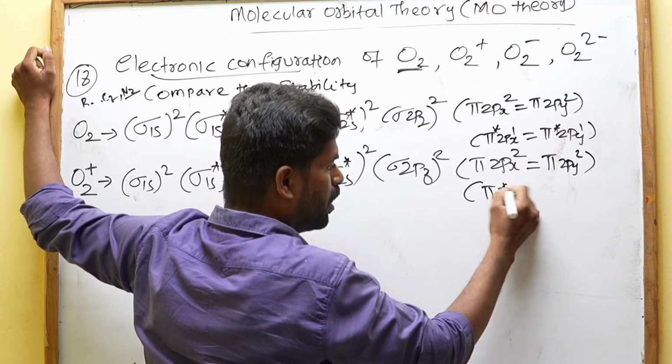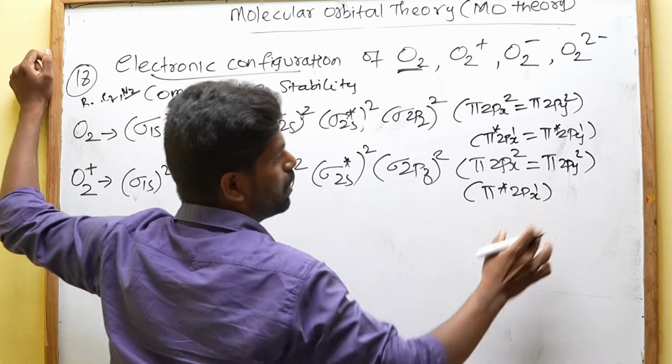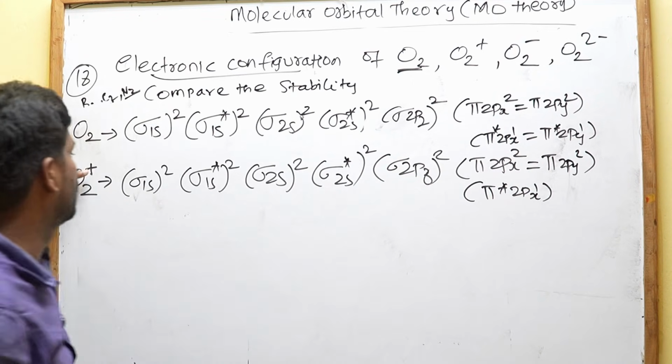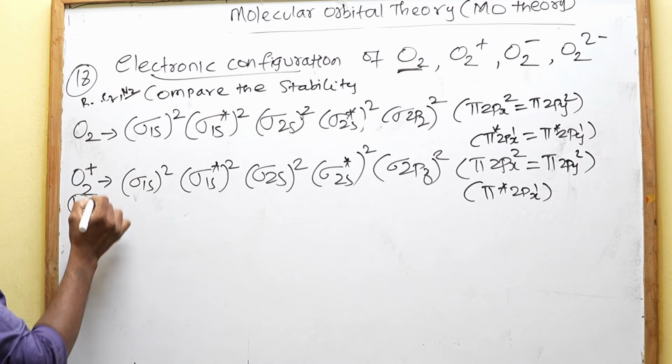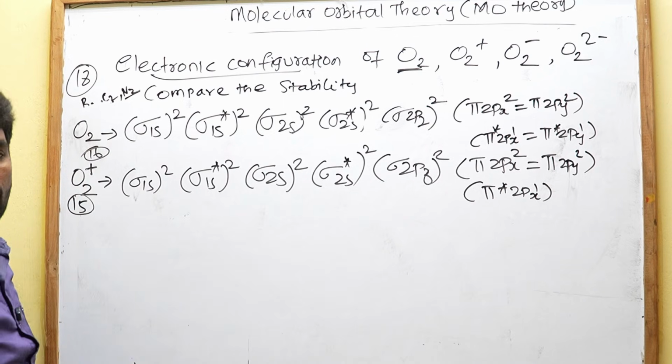Here pi star 2px 1 electron. That's it. No electron in pi star 2py because this electron is removed. This is a 15 electron species. This is a 16 electron species. Okay.